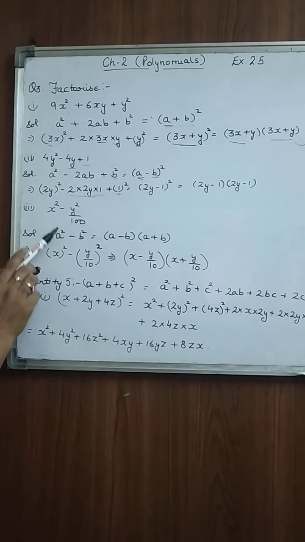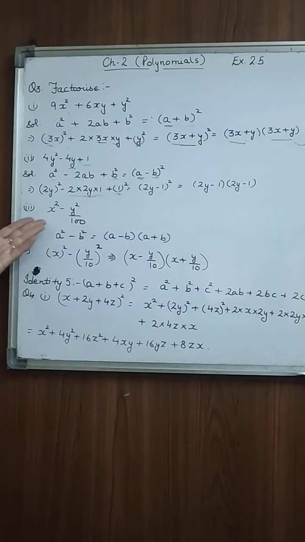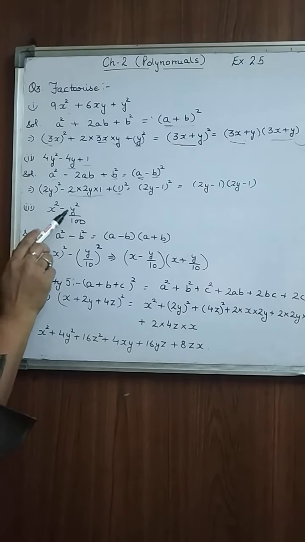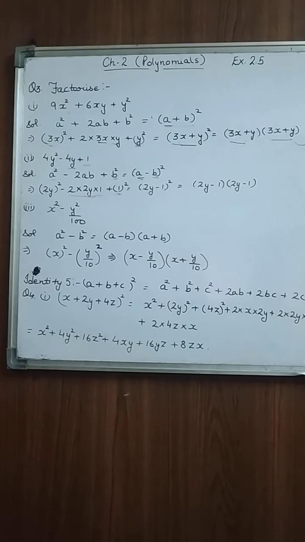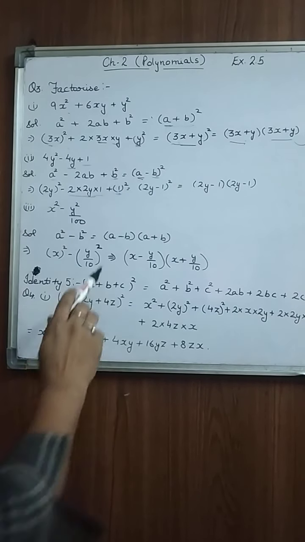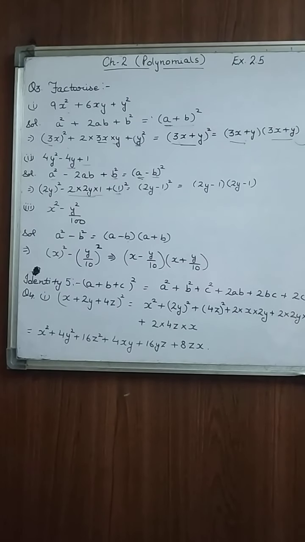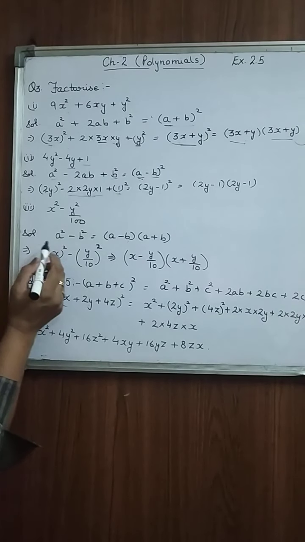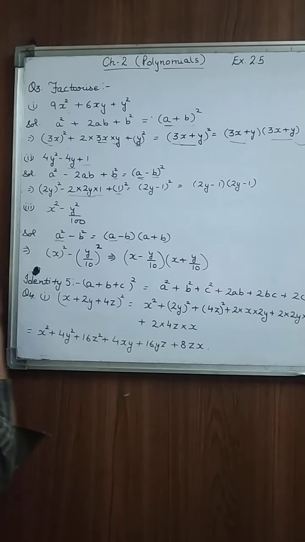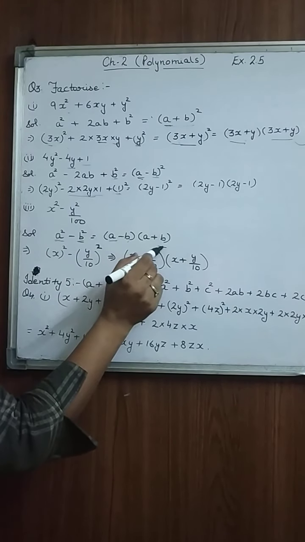This is equal to the a square minus b square identity, because we don't have minus 2ab or plus 2ab here. Now the a square minus b square identity we have also discussed in the first and second questions. It is equal to a minus b into a plus b. Again we need to find the square root of this and the square root of this.